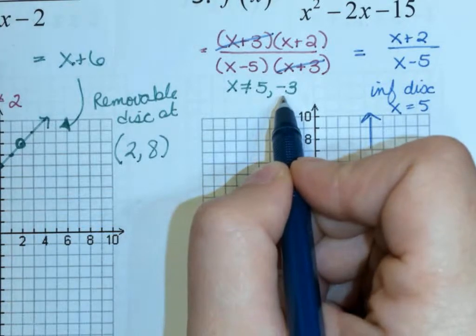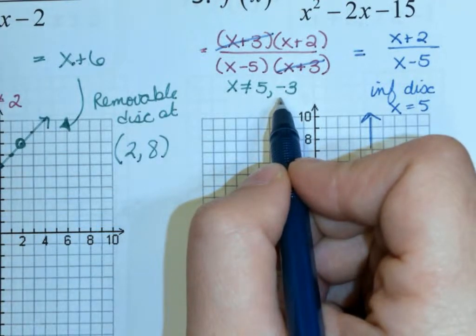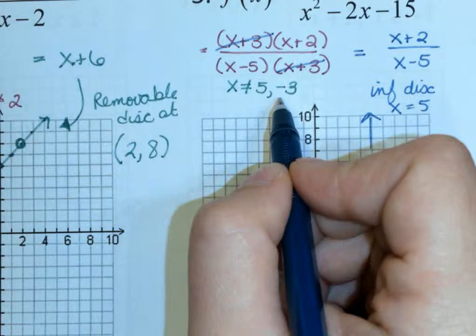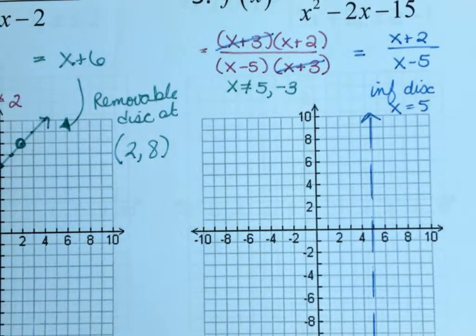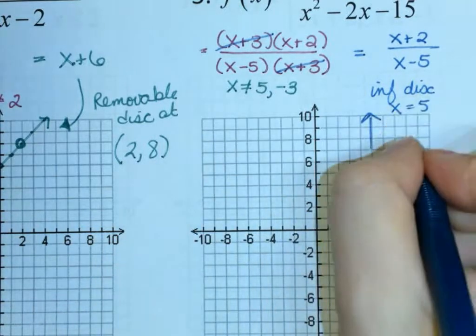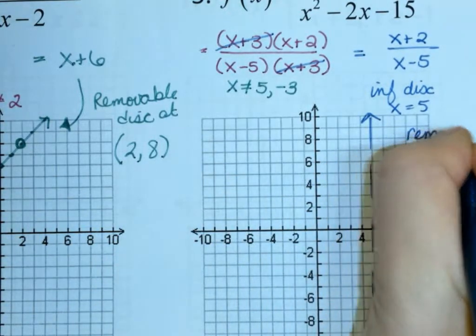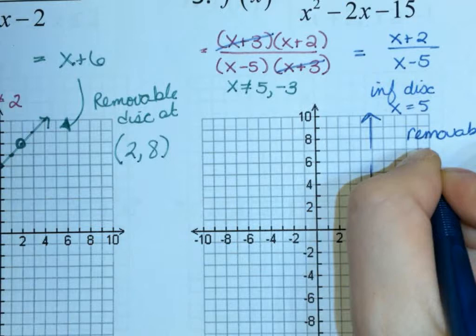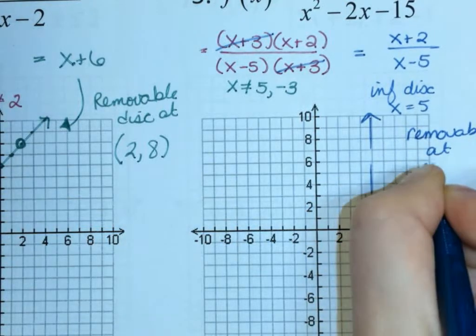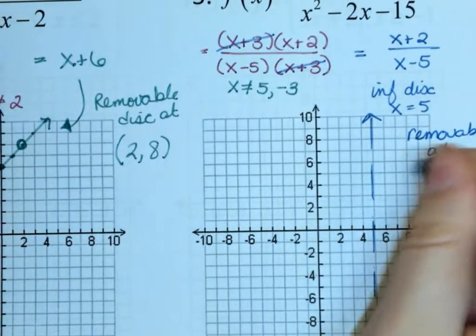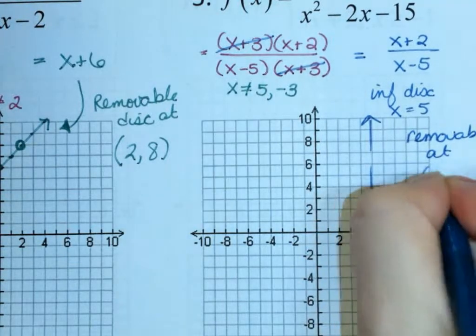What's happening when x equals negative 3? Put a what? A removable discontinuity. So we're going to be removable, or we can think of it as a hole, at what is x? Negative 3.